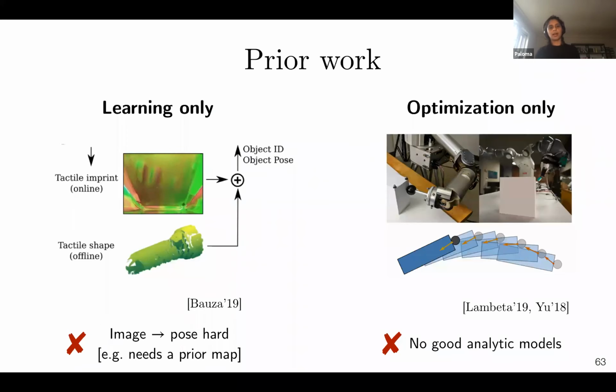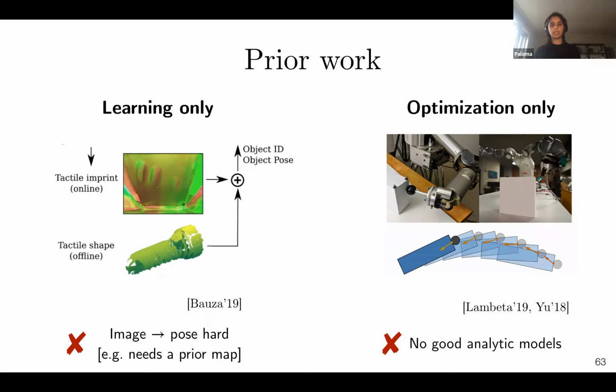So prior work has used learning only methods or engineered functions within optimization methods. And both of these will have limitations because in the tactile image case, the partial observability makes it really challenging to learn a direct mapping between the tactile image and the object state directly.